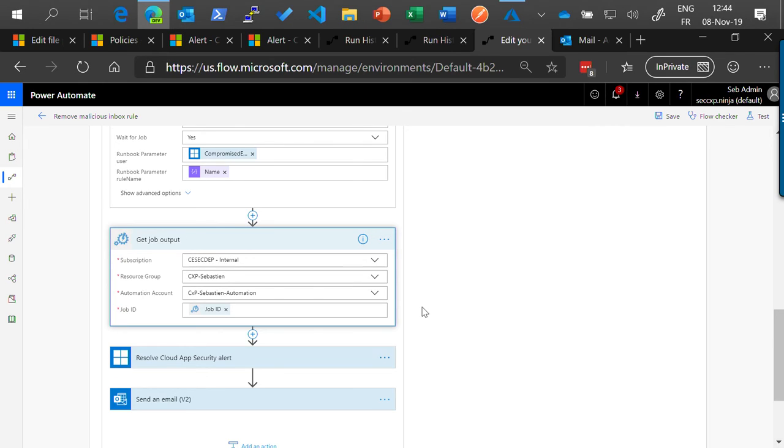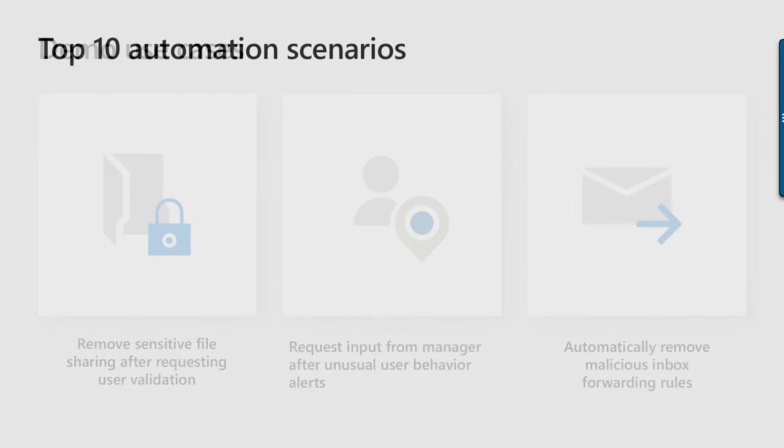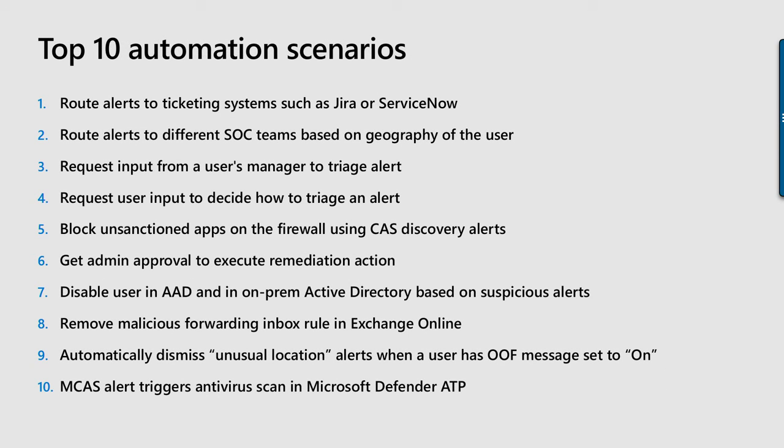That might be useful if you have a false positive and you delete an important inbox rule. So at least we keep track of this and we let our user know. Unfortunately, for this one I cannot execute it because my account is not provisioned in our test tenant. But basically, that's how you're going to handle this type of alert. And now, just like the previous flows, I will share all of this and communicate it in the Tech Community to let you know.